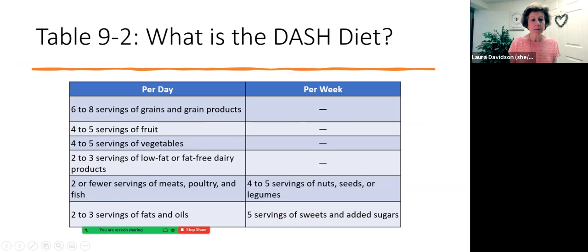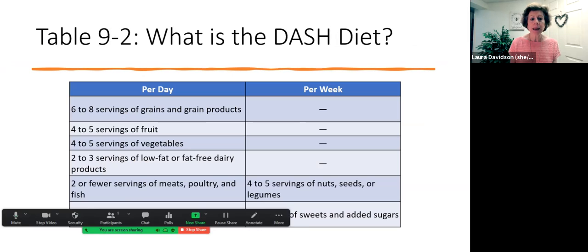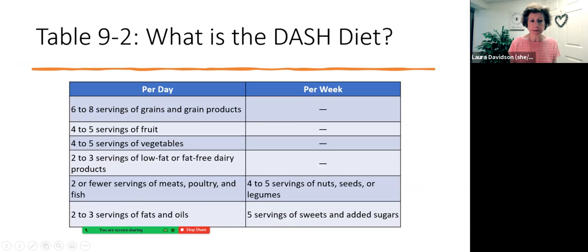And you can see here per day, lots of fruits and vegetables. Okay, that's my goal every day. And I'm not sure I always meet this, but I really do try. So this takes some work for most Americans, as well as the 2 to 3 servings of low fat or fat-free dairy. We're not there.